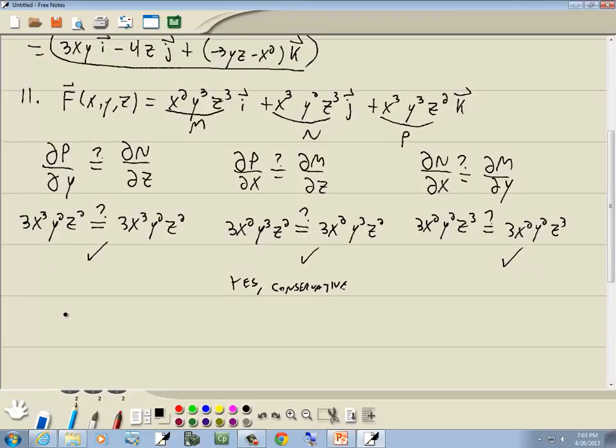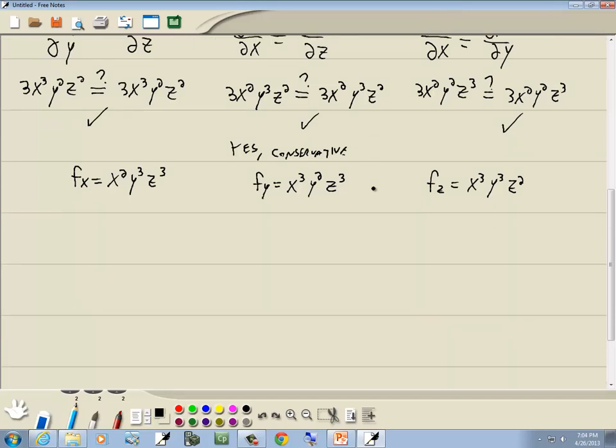Well, first off, note that our partial with respect to x is equal to x squared y to the third z to the third, our partial with respect to y is equal to x to the third y squared z to the third, and our partial with respect to z is equal to x to the third y to the third z squared. So again, the partial with respect to x matches what's in front of your i, partial with respect to y matches what's in front of your j, and partial with respect to z matches what's in front of your k.